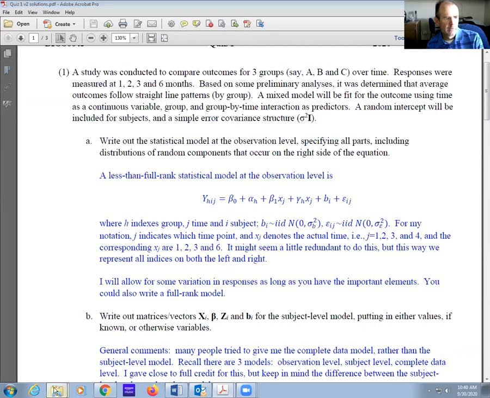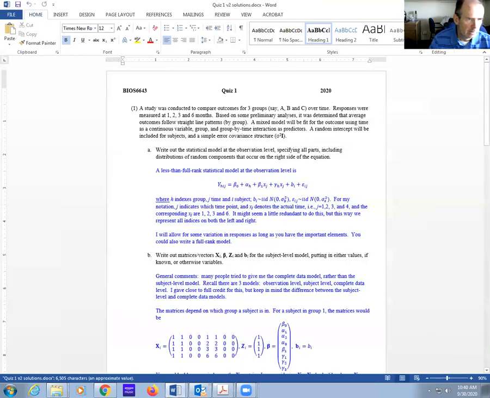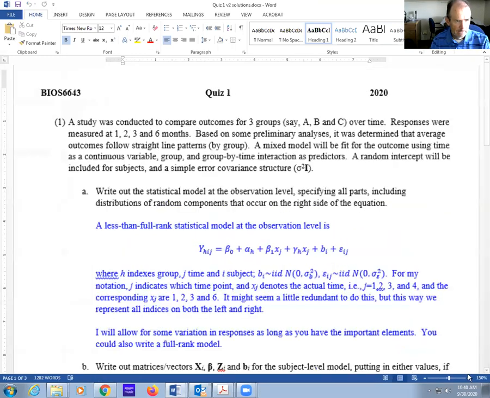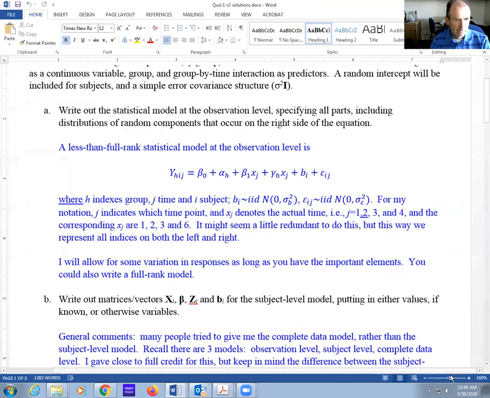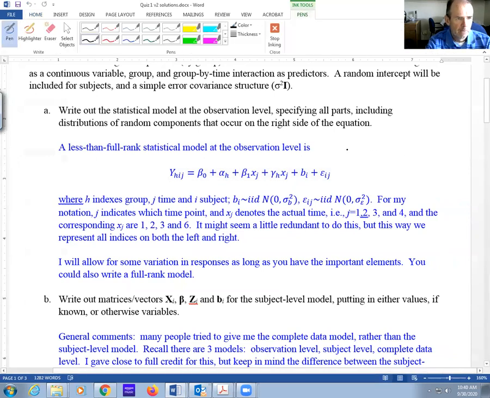Actually, let me open up the Word version so I can write on top of this. It's a little bit easier for me to write. So x is equal to time in this model, and you might have other covariates too, but I wanted to keep it simple here.